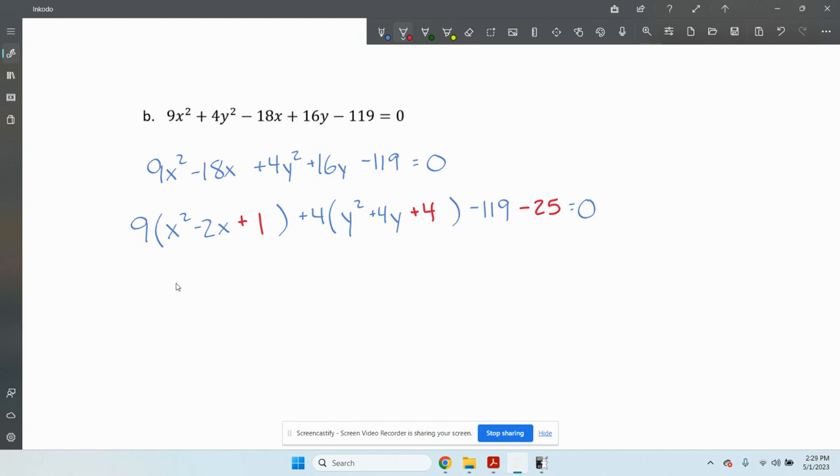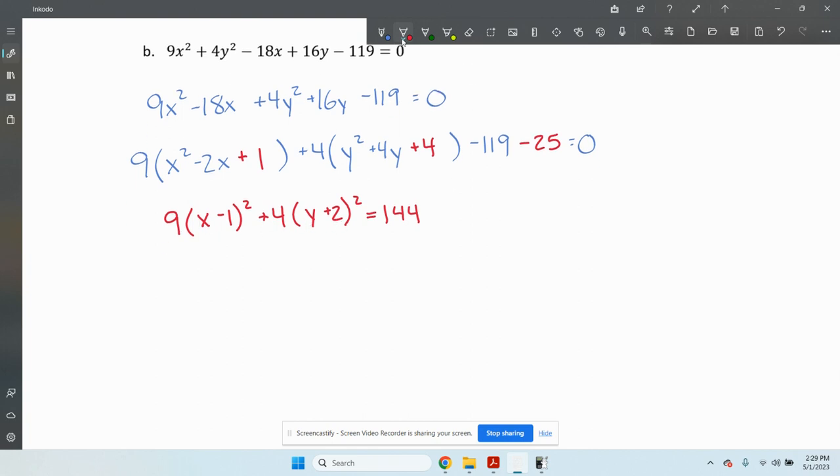So this becomes 9 times (x minus 1) squared plus 4 times (y plus 2) squared minus 144. If I move that to the other side, I get it equal to 144. So I kind of did two things there. This is obviously going to be an ellipse, so now I have to divide by the 144 to get it equal to 1.